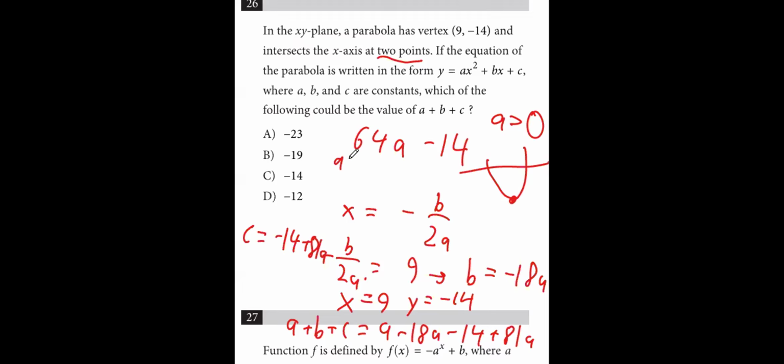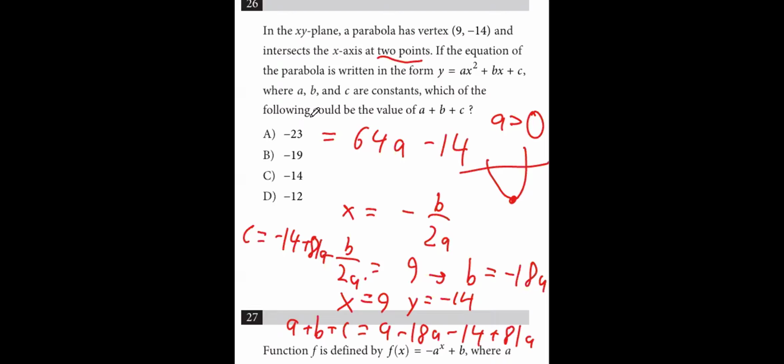So a plus b plus c is equal to 64a minus 14. We set these different values equal to this function: 23 is equal to this, 19 is equal to this, negative 14 is equal to this, and negative 12 is equal to this, and see where we get an a value which is greater than 0.